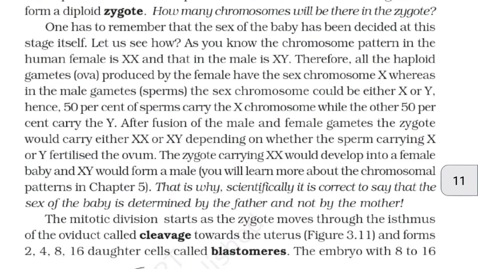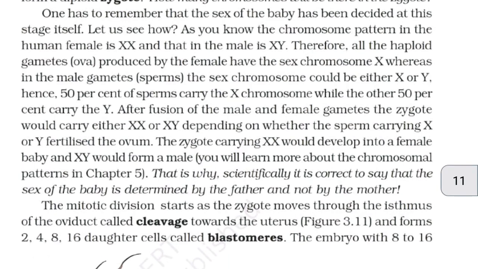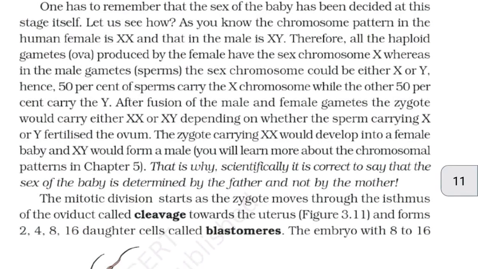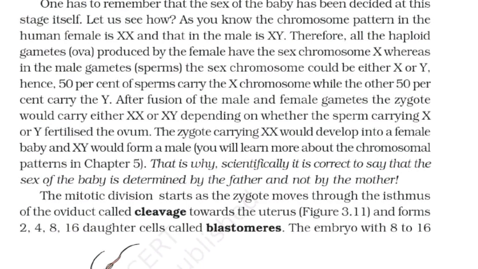One has to remember that the sex of the baby is decided at this stage itself. Let us see how. As you know, the chromosome pattern in the human female is XX and that in male is XY.